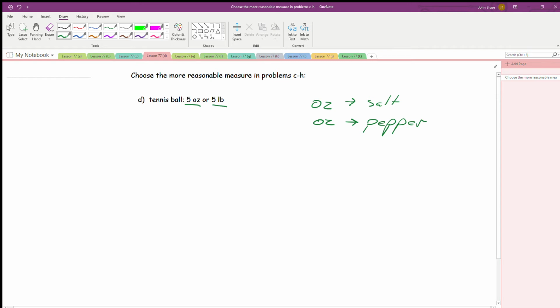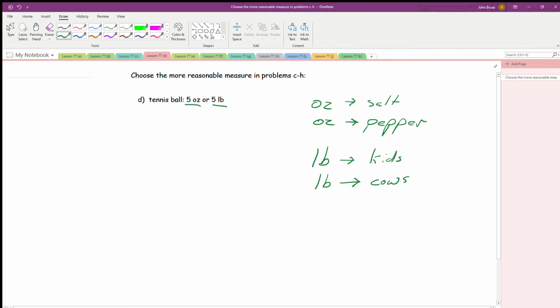And pounds we use for measuring things like, I don't know, kids. Or how about cows? Okay, so big things we're going to be measuring with pounds.